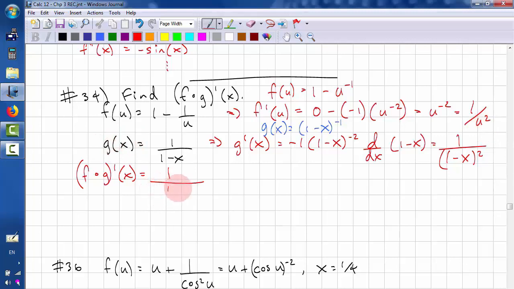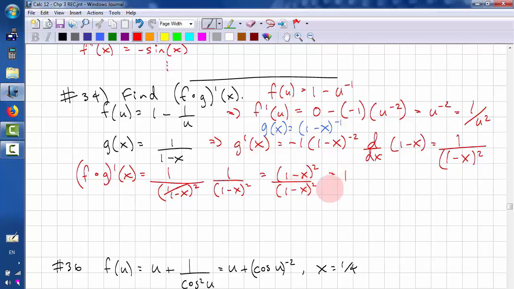So we have 1 minus x squared. And now we put in the derivative here. So 1 over 1 minus x squared. And since this is a fraction, we're going to multiply by the reciprocal. So this is 1 minus x squared over 1 minus x squared. And we get an answer of 1.